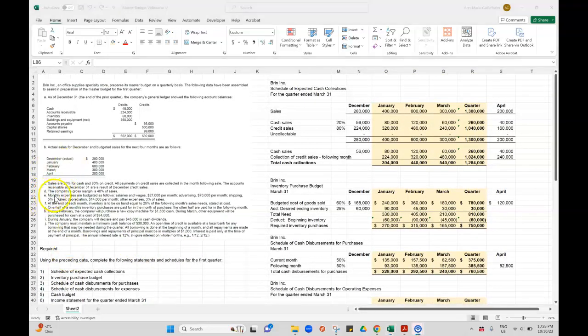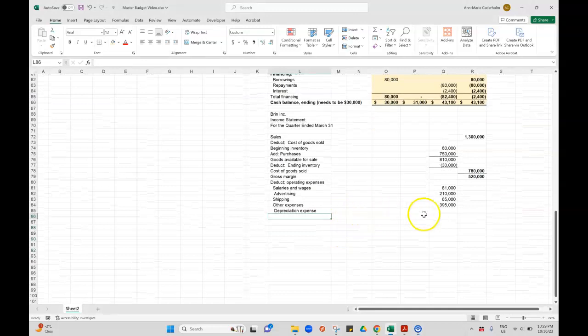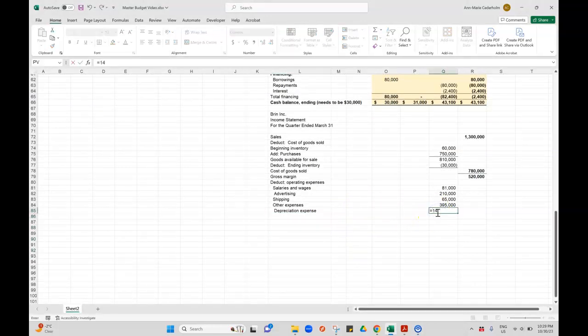So in part E, if we go back, it says that depreciation is $14,000 per month. Remember I skipped that when I was doing my cash budget? So I'm going to now put it down here. Depreciation expense: 14,000 times 3. There we go, and that gives me the proper amount.